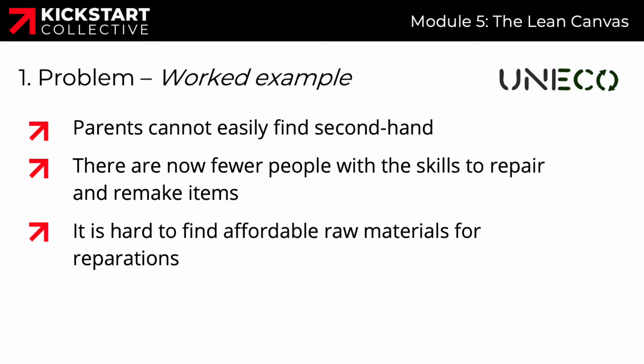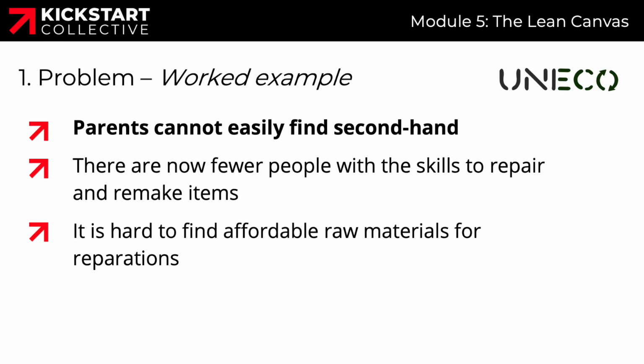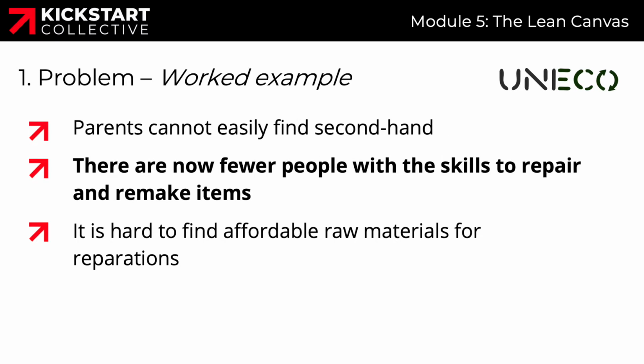Currently, the startup aims to tackle the following 3 problems. Firstly, parents cannot easily find second-hand children's wear items that they like that are of the right size and quality. Second, there are now fewer people with the skills to repair and remake items, which means that clothes are more likely to be thrown away.